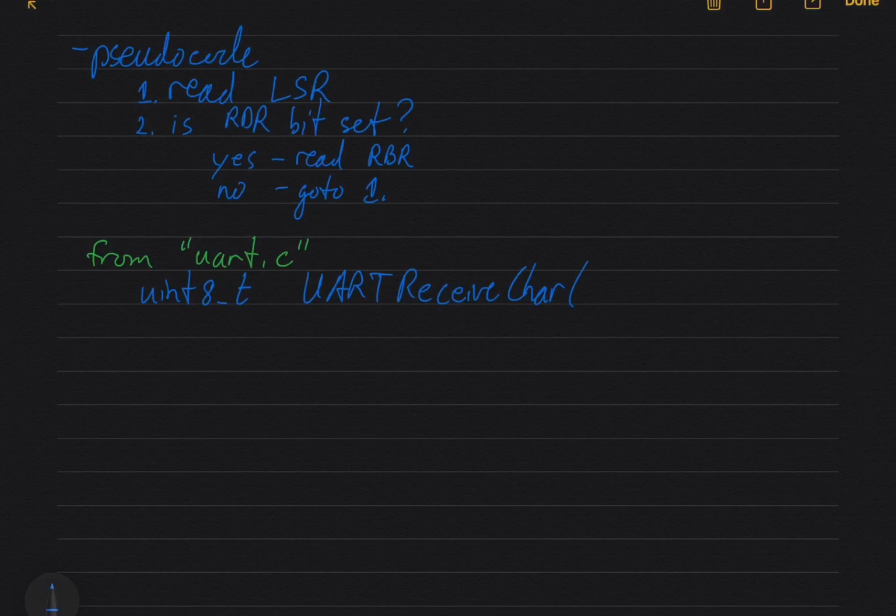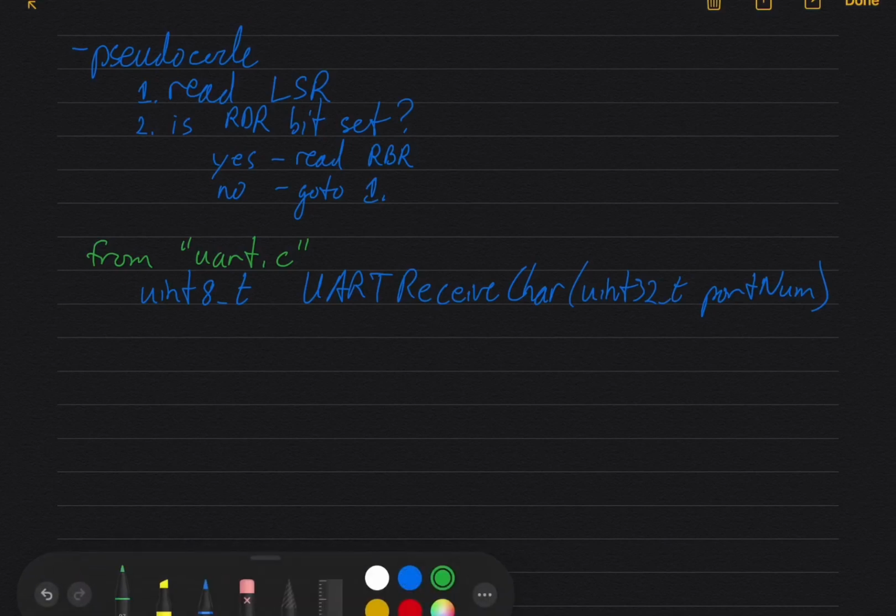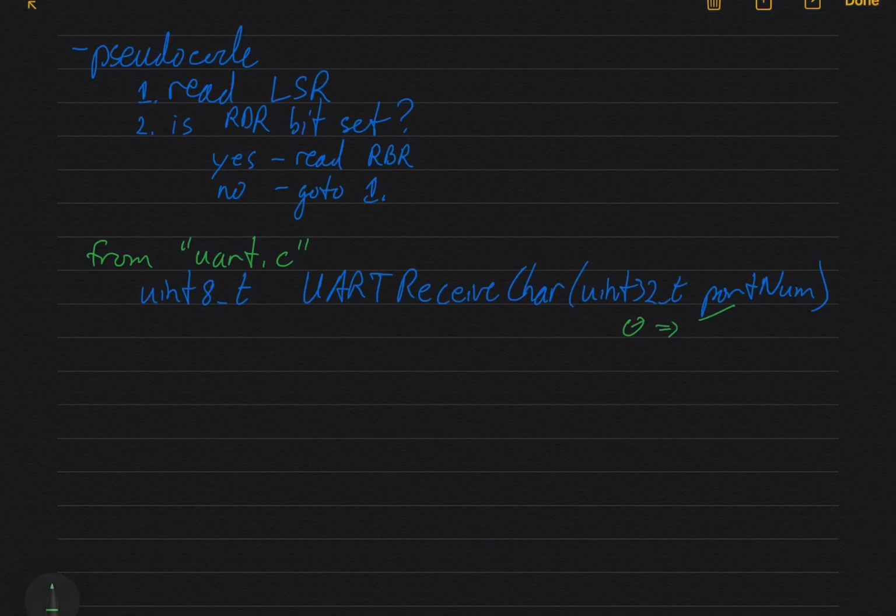It takes a parameter, which is the port num, and it's uint32 type. 0 indicates UART0, 1 indicates UART1. In the lab, you set things up so that you output on UART1, so that's the port number that will be used there.